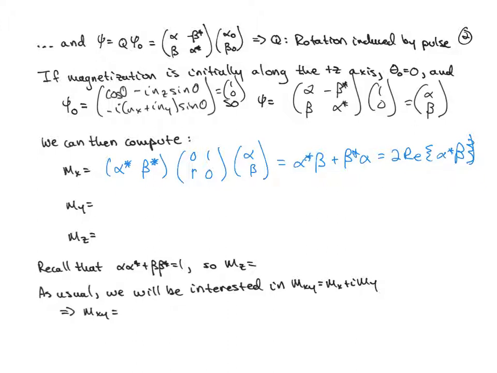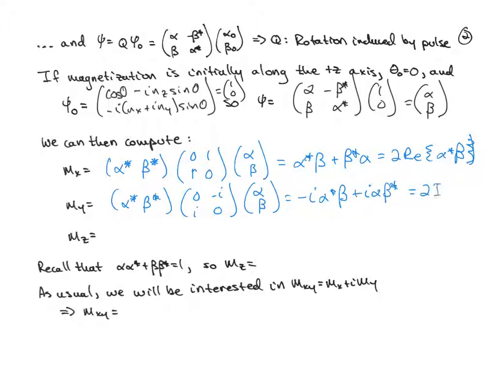Then my is similarly alpha conjugate, beta conjugate, times 0 minus i, 0, times alpha beta, which is equal to minus i times alpha conjugate beta plus i times alpha beta conjugate, which is equal to 2 times the imaginary part of the same term, alpha conjugate beta.